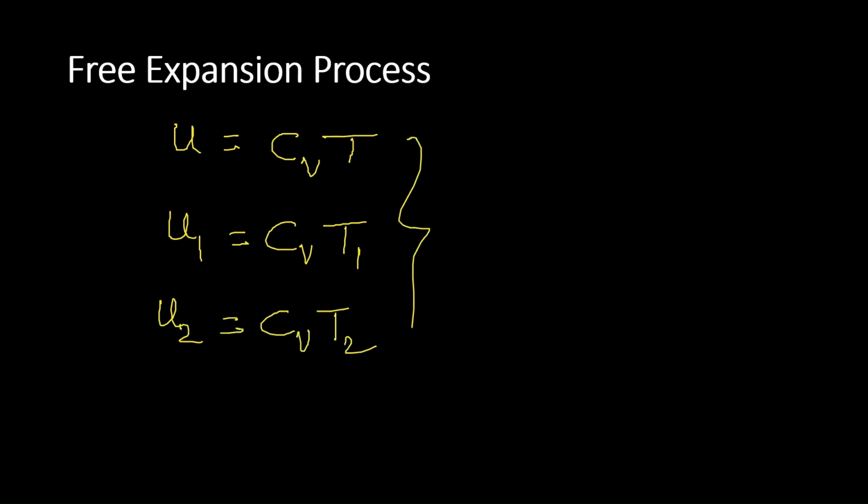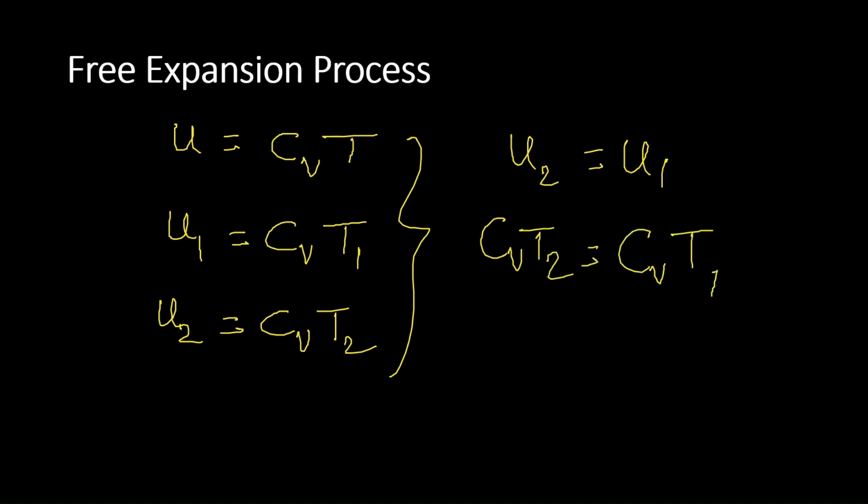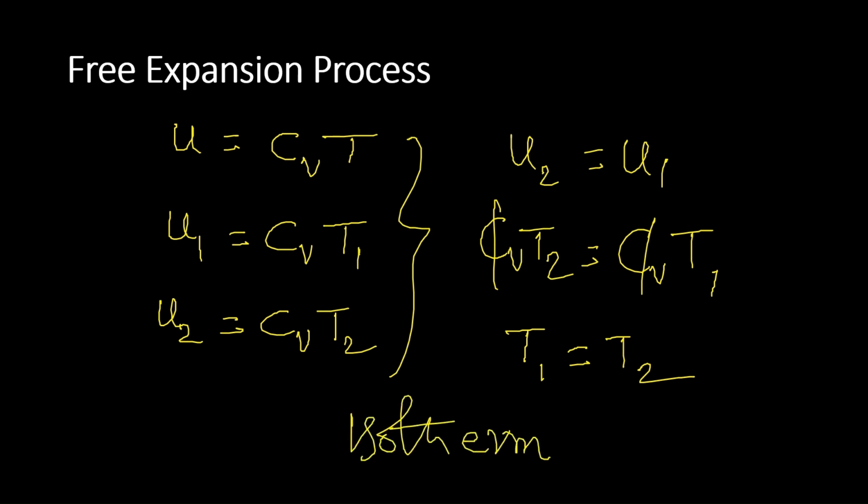We have seen for free expansion process, U2 is equal to U1. So, Cv times T2 is equal to Cv times T1. Cv gets cancelled. It gives T1 is equal to T2. So, we can say that free expansion process is also an isothermal process.